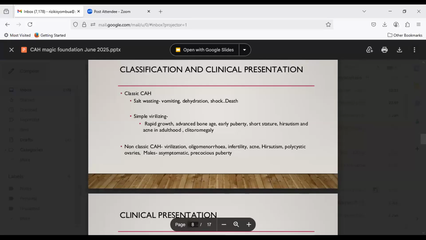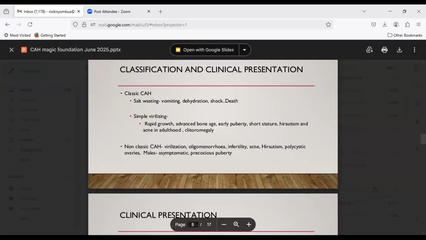In terms of classification and clinical presentation, the commonest is 21-alpha hydroxylase, which is classified as classic CAH. In classic CAH, you have severe deficiency of both cortisol and aldosterone, and therefore they are salt wasting because of the lack of mineralocorticoid effect.